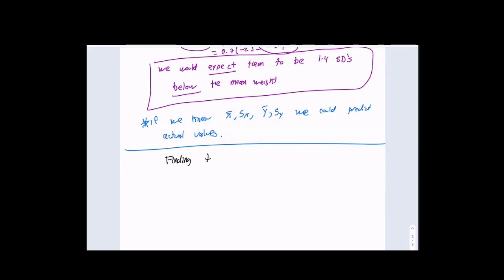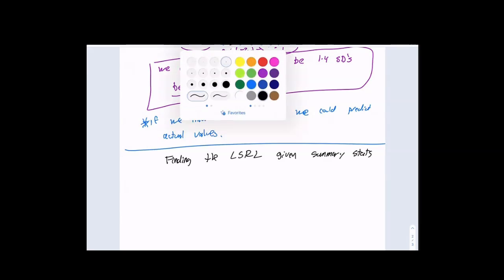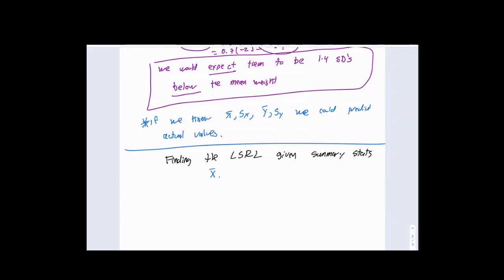Finding the least squares regression line given summary stats. The summary stats for bivariate data are x bar, sx, y bar, sy, or the means and standard deviations, and the correlation between these two variables.